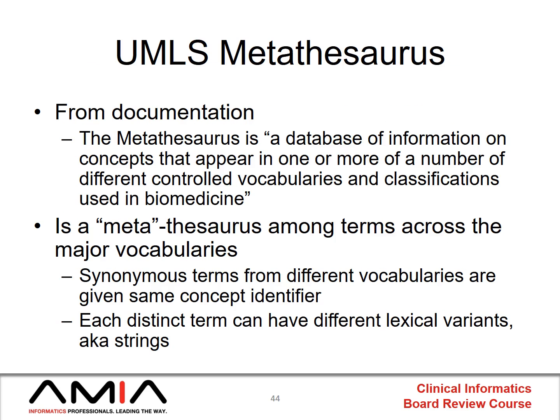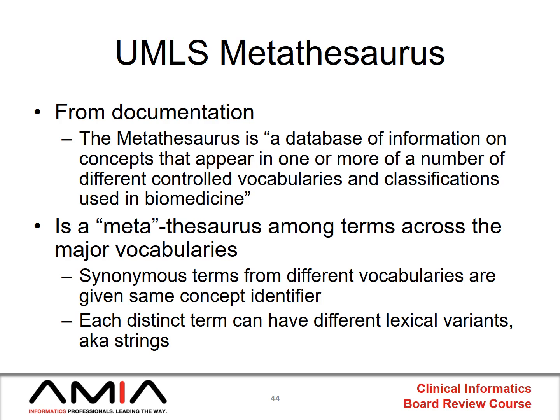What is the UMLS Metathesaurus? Well, from its documentation, it's a database of information on concepts that appear in one or more of a number of different controlled vocabularies and classifications used in biomedicine. So in essence, the Metathesaurus is a meta-thesaurus among terms across the different vocabularies.